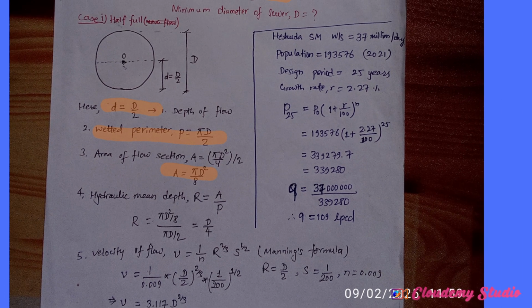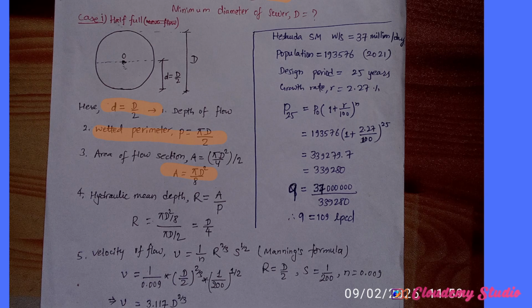Wetted perimeter means the whole perimeter of the circular pipe is pi d, and that's why for a half full condition the wetted perimeter is pi d by 2. And the area of flow section for this half full condition is the area of the circle divided by 2, that is A equals pi d square by 8.